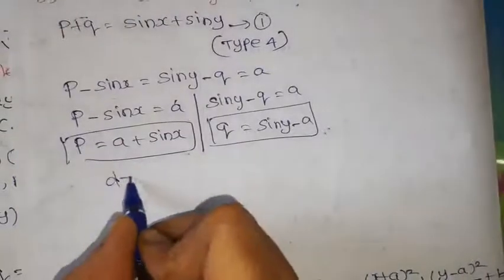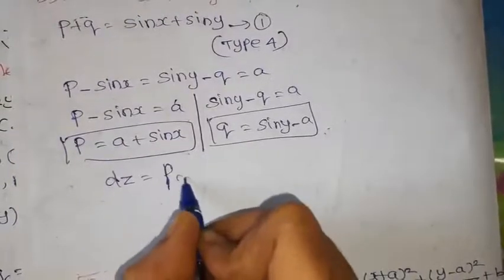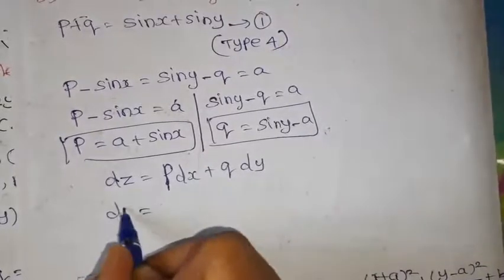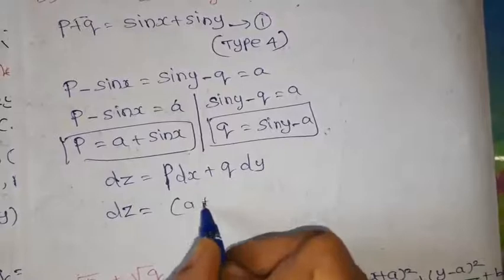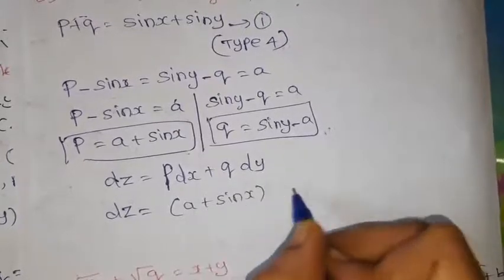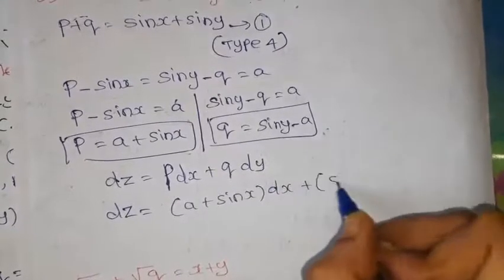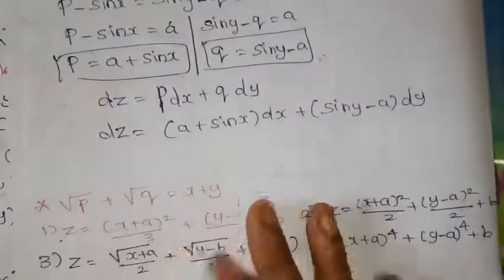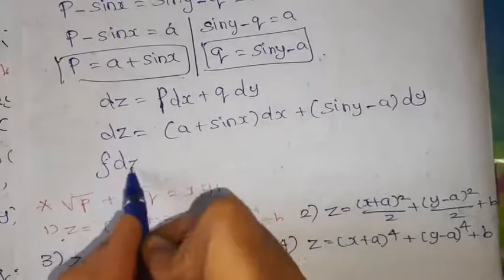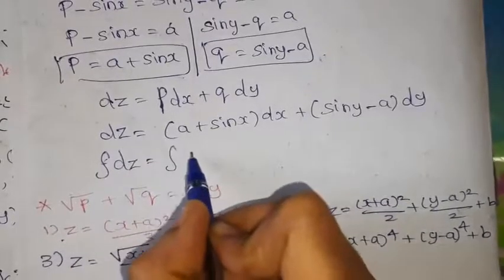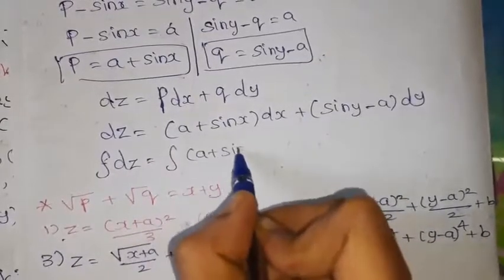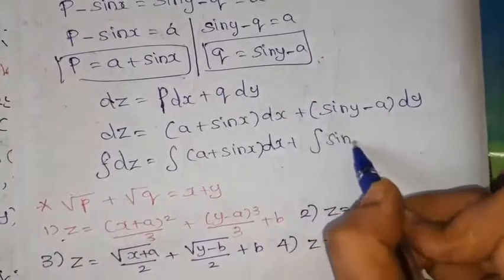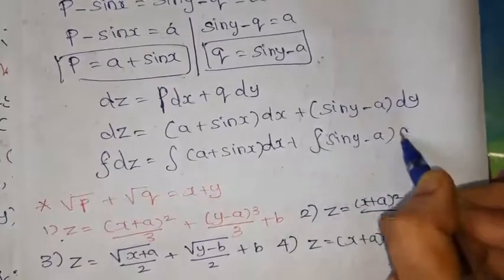Then dz equal to p dx plus q dy. Substitute the values of p and q: a plus sin x dx plus sin y minus a into dy. Now we need to integrate on both sides. Integral dz equal to integration of a plus sin x dx plus integration of sin y minus a dy.